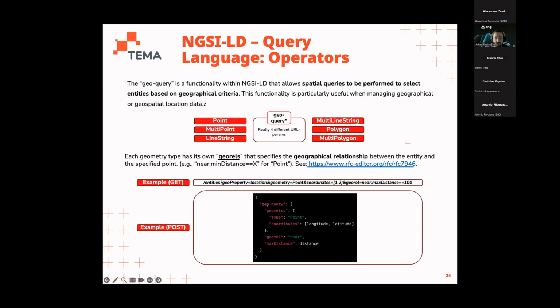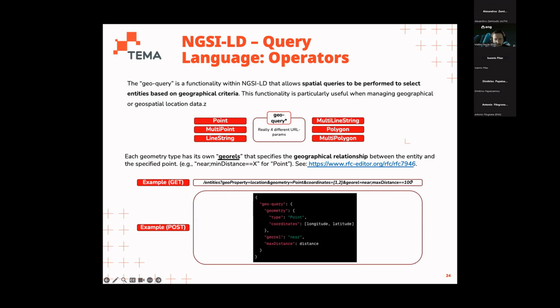In this case, if I have an entity with a location that is a point, for example, we can get all the entities within a place, within a zone, by using the GeoQuery. In this case, for example, I would like to get the entities that are near this point with a distance of 100 kilometers here.